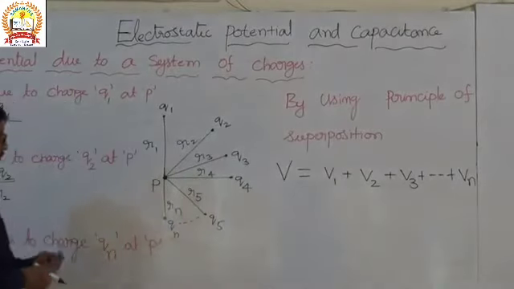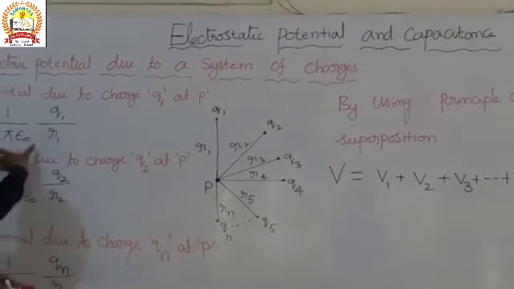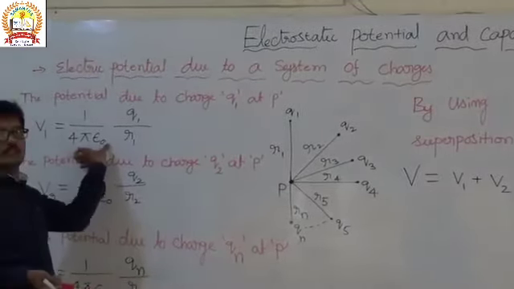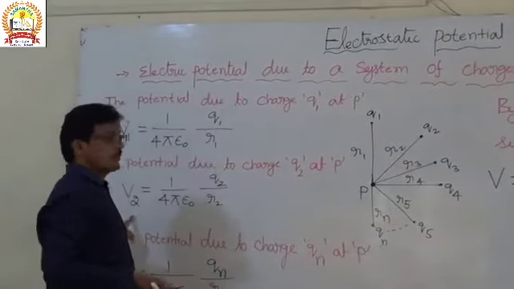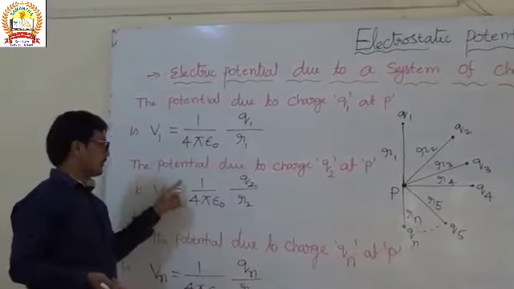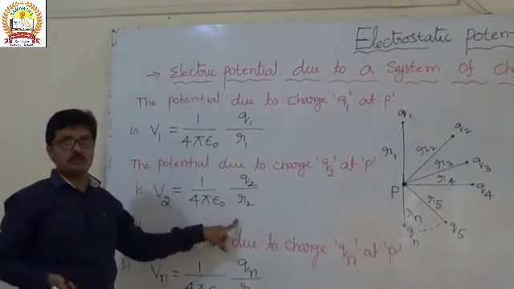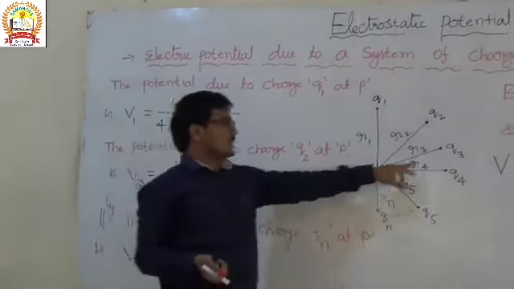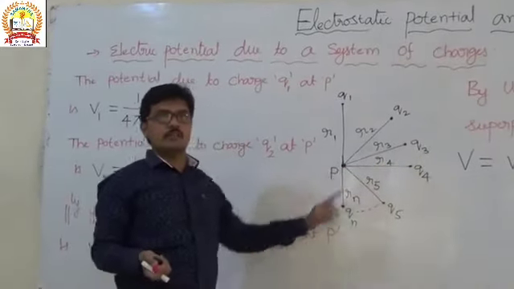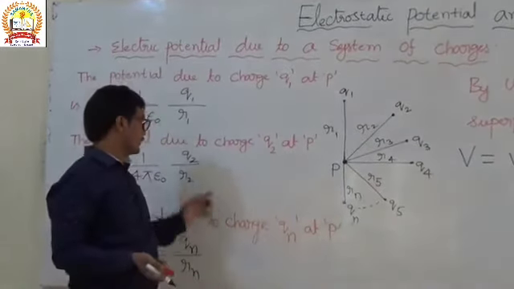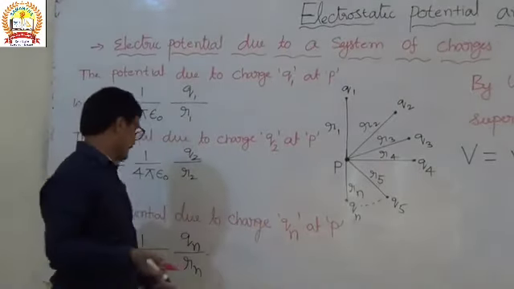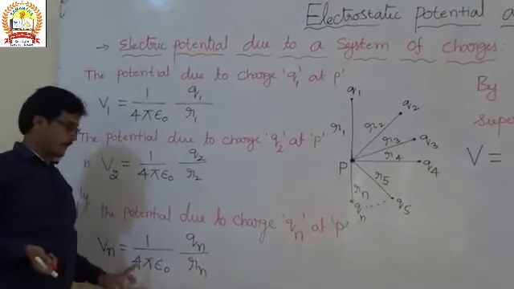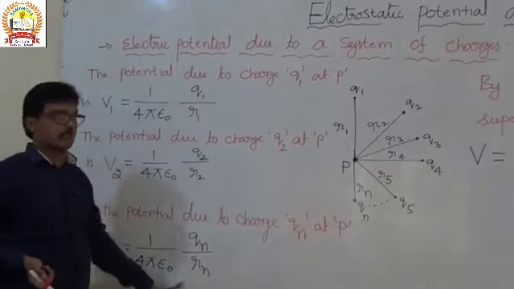Now we know V1, the potential due to charge Q1, is 1 by 4 pi epsilon naught Q1 by R1. The potential due to charge Q2 is 1 by 4 pi epsilon naught Q2 by R2. The potential due to charge Q3 is V3, equal to 1 by 4 pi epsilon naught Q3 by R3. The potential due to charge Qn is 1 by 4 pi epsilon naught Qn by Rn.